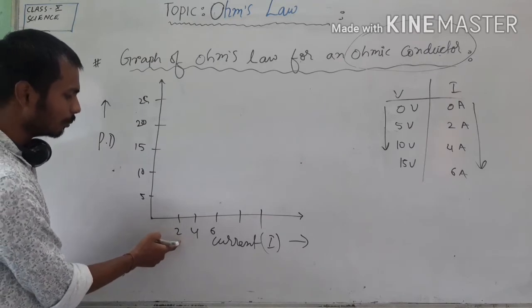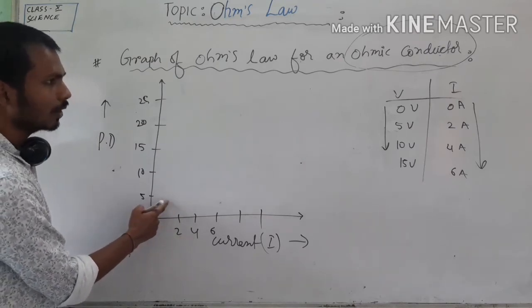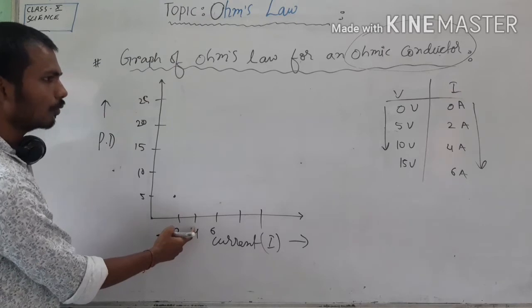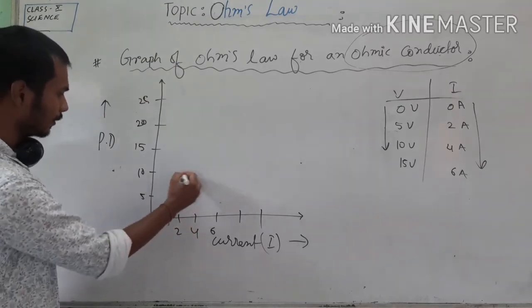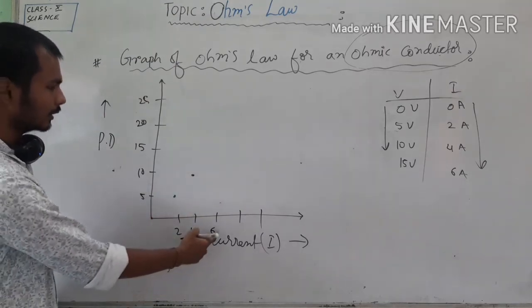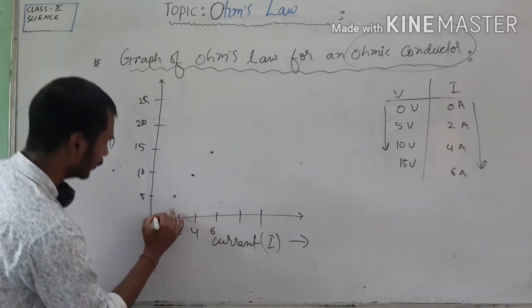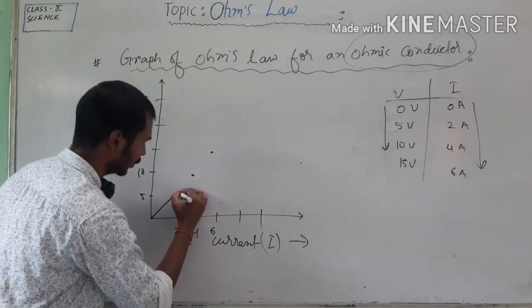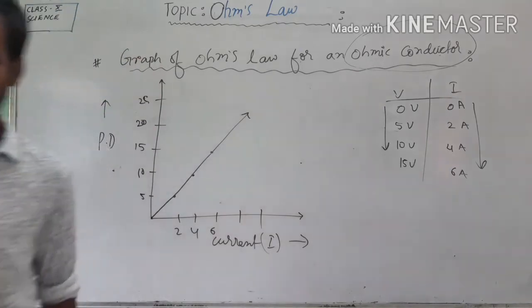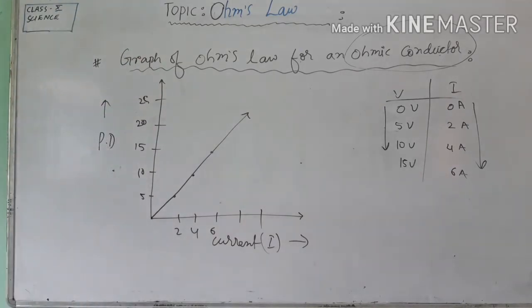When current is 2 ampere, what is the value of voltage? 5 volt. So this is the point. When 4 ampere, the voltage is 10. Now 6 ampere, then 15 volt. When we draw this, you will get a straight line.